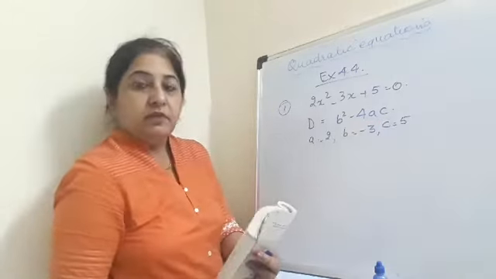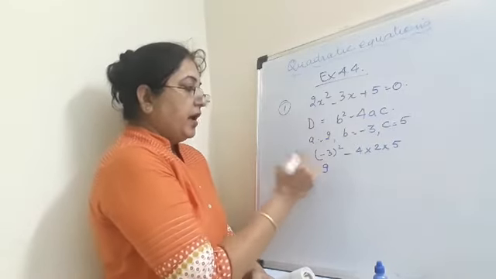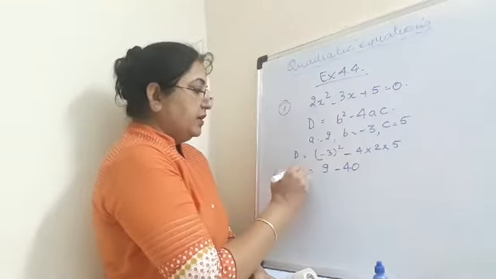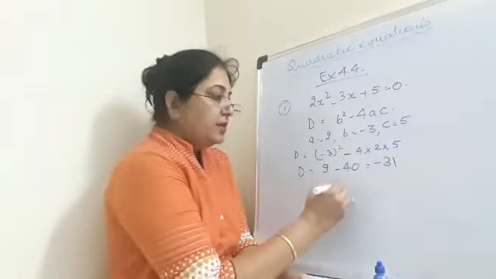We will substitute these values in the discriminant, that is minus 3, then the whole square, minus 4 into 2 into 5. So here I get 9 and here I get 4 2s are 8, 8 5s are 40, and the discriminant is equal to minus 31, and minus 31 is less than 0, and therefore we are going to write no real roots.